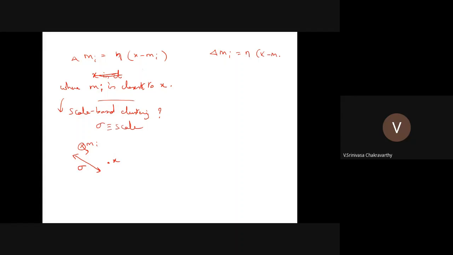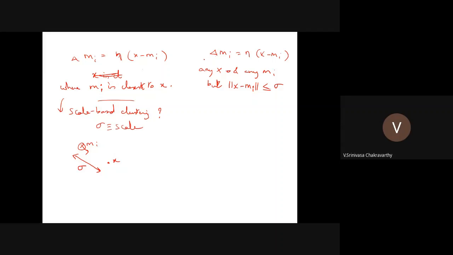This is any x and any mi, no more condition, but you take any x, take any mi, but make sure that the distance between them is less than or equal to sigma. If this is true, then apply this update. Is that what you're saying? Yes, sir. Yeah, that's very good. So that's what we'll do.